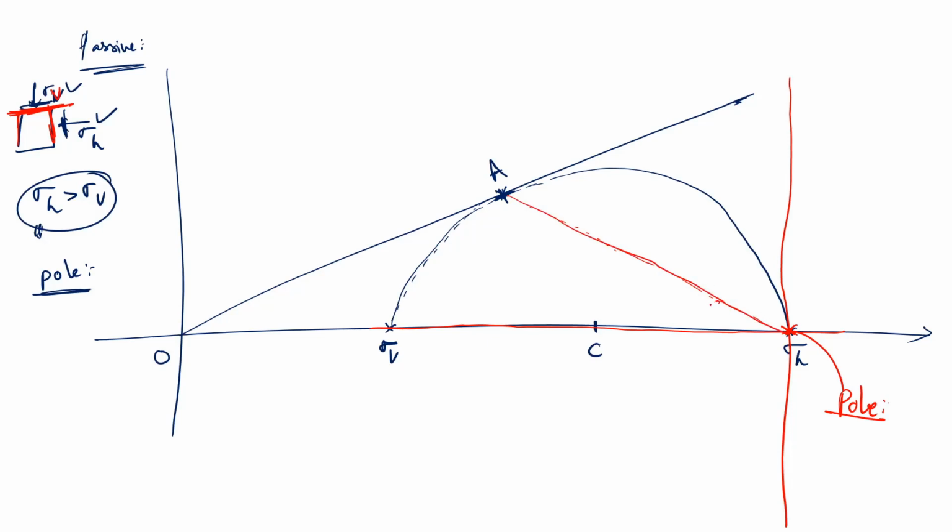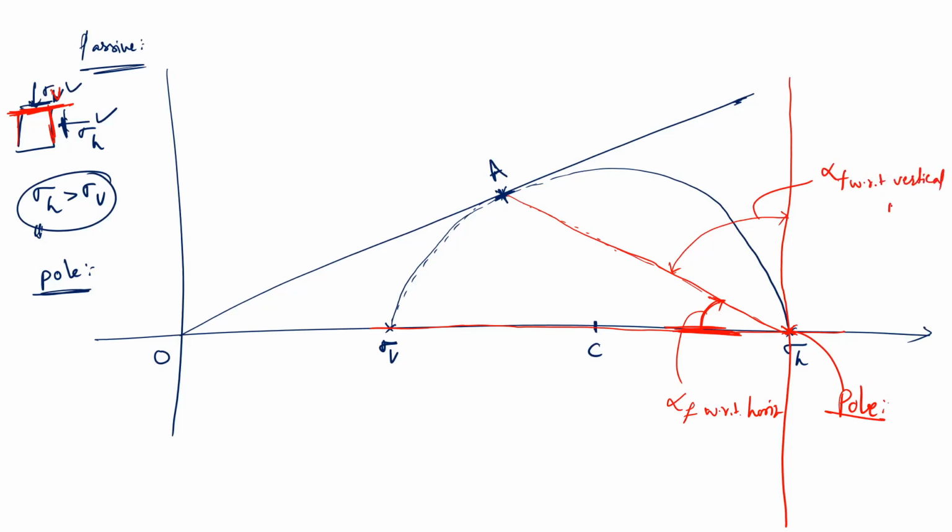Now what is this angle? This is the inclination of the failure plane with respect to horizontal. And this is also the failure angle, let us say alpha f, but with respect to the vertical plane.